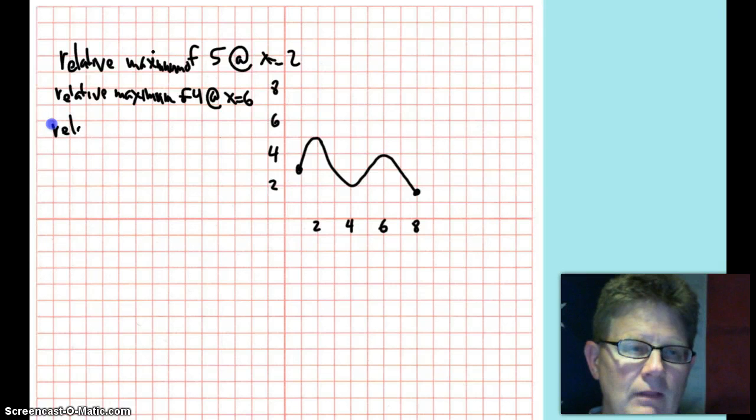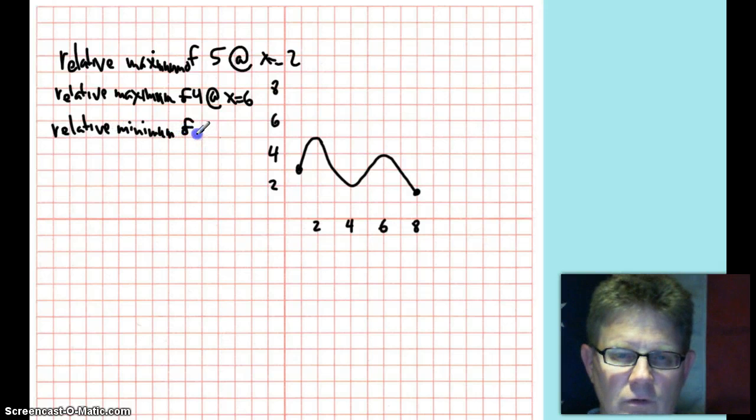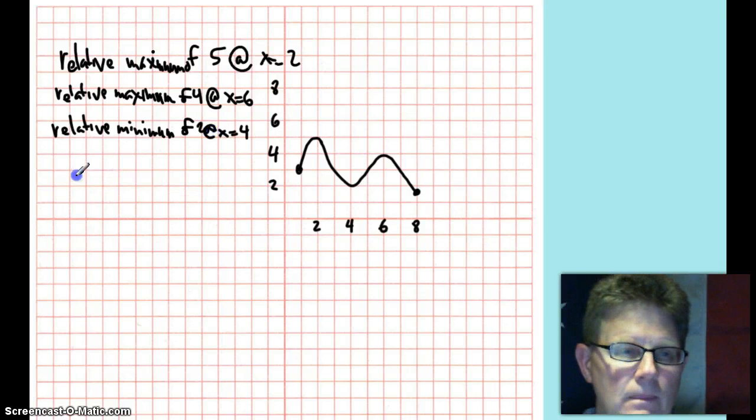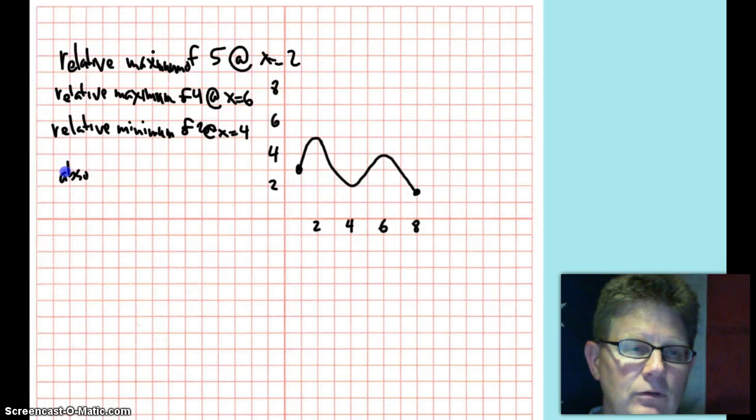We have a relative minimum of 2 at x equals 4.